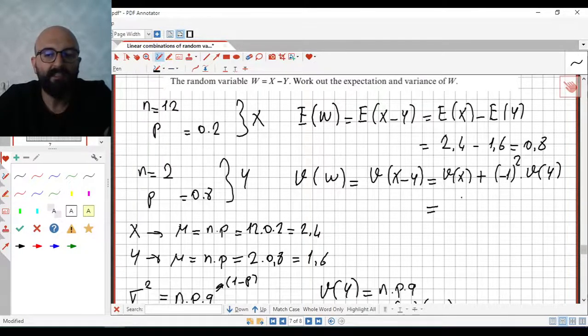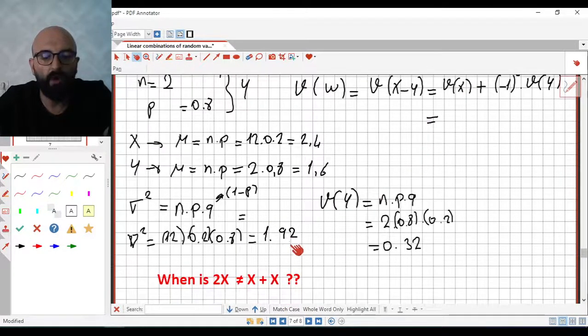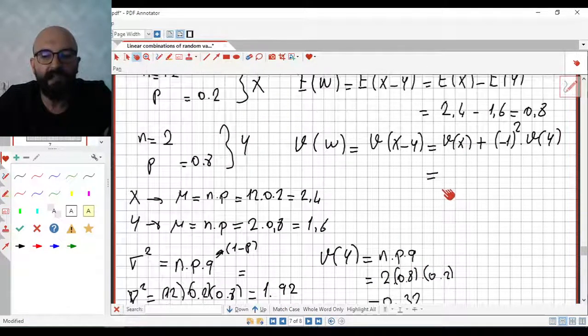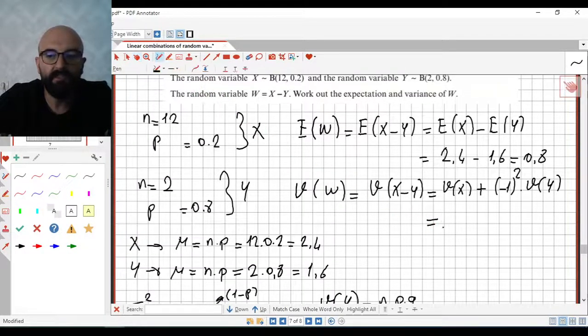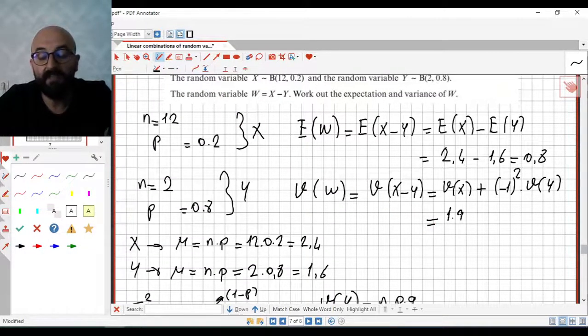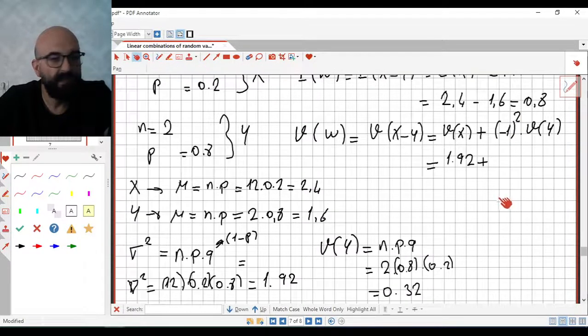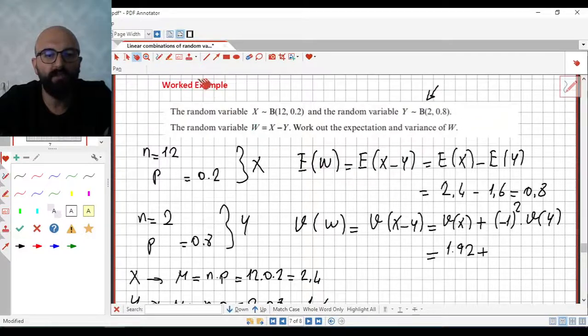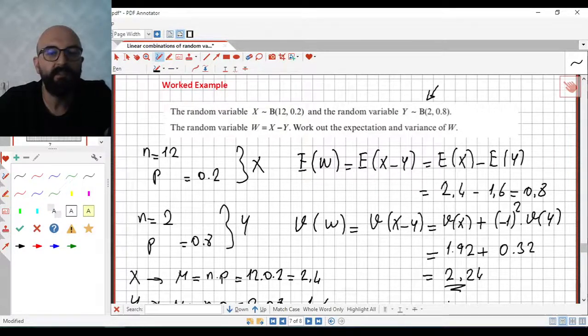So the variance of x we found is 1.92, plus the variance of y, 0.32, it means 2.24.